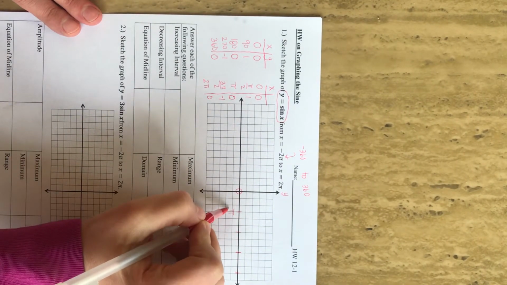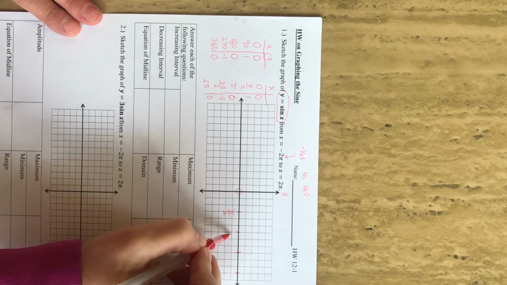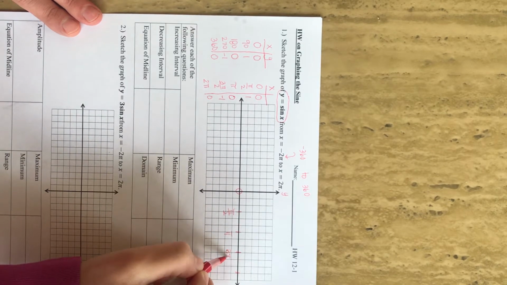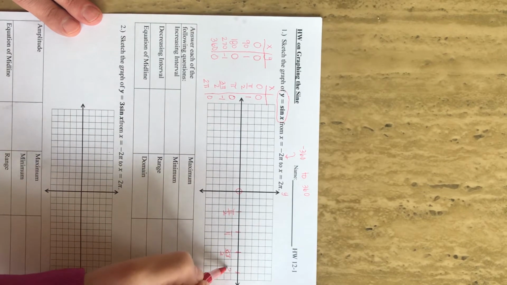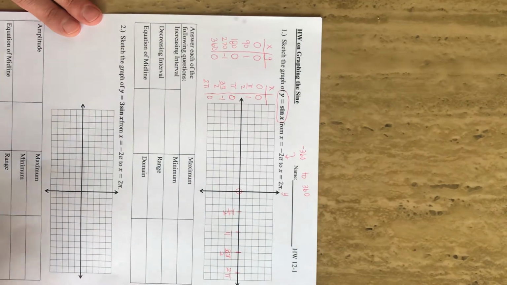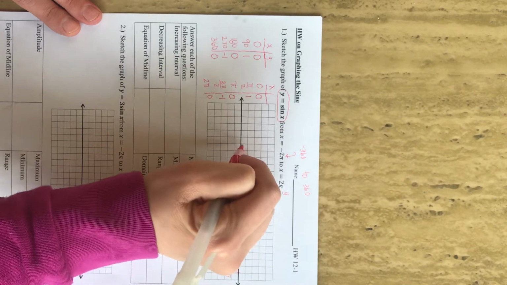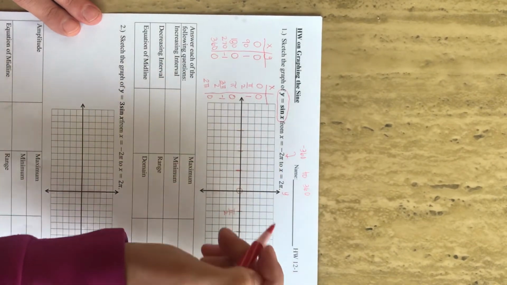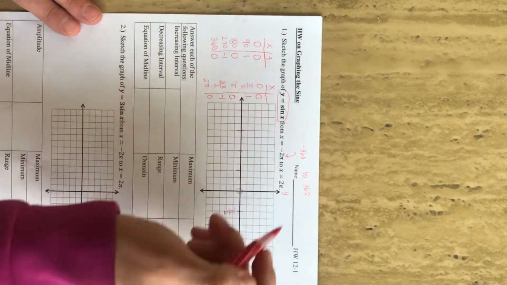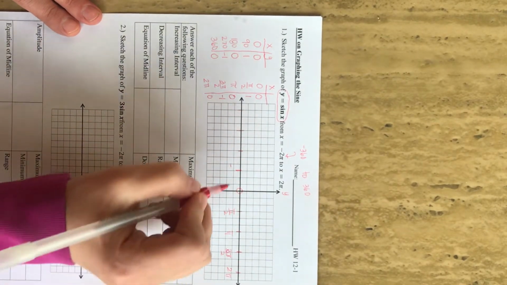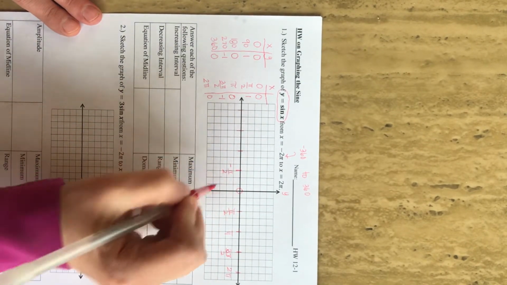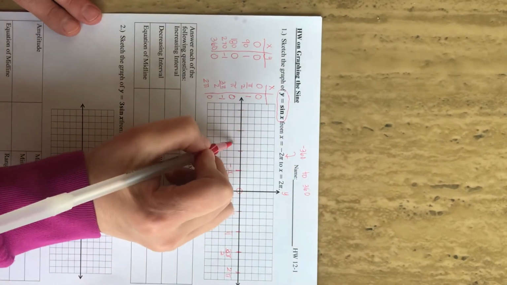So we have pi over 2, pi, 3 pi over 2, and 2 pi. And then tick marks 1, 2, 3 for each section. This is negative pi over 2, which is equal to negative 90 degrees.